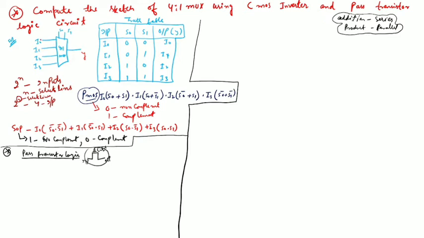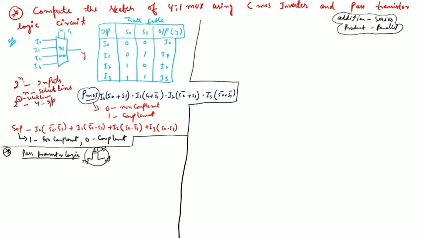So how can we choose these inputs? How many inputs can we consider in the 4:1 multiplexer or others? How can we know this? According to this formula, 2 raised to power n, where n is the number of select lines, and 2 raised to power n is the number of inputs. If n is 1, then 2 raised to power 1 is equal to 2, with only one select line.